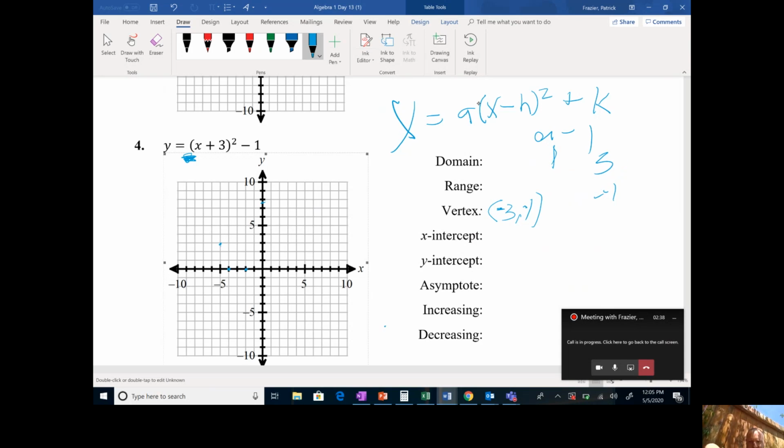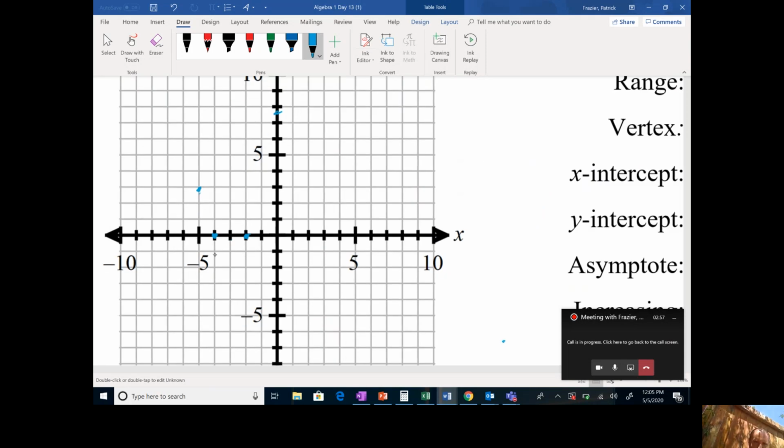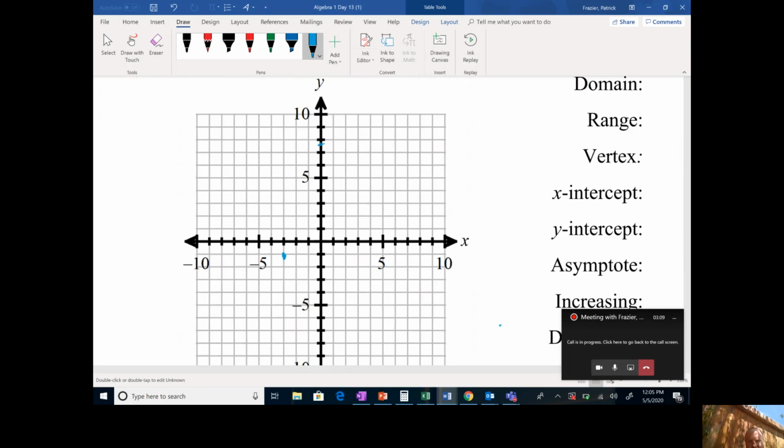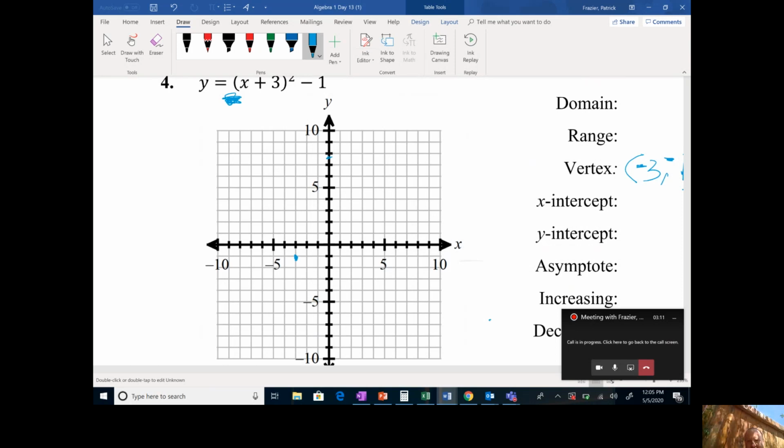So, just going to erase all that right now. So we're at x equals -3 and y equals -1, which means, and I plotted it out in advance, but let me just get rid of that. So where x is -3 and y equals -1. And then we could do a little table if we like.